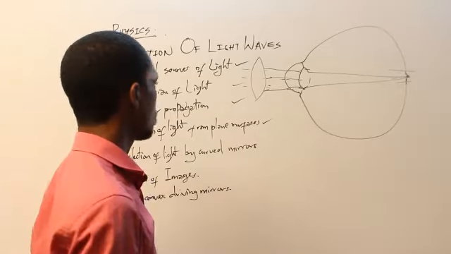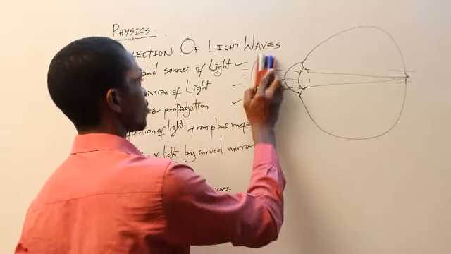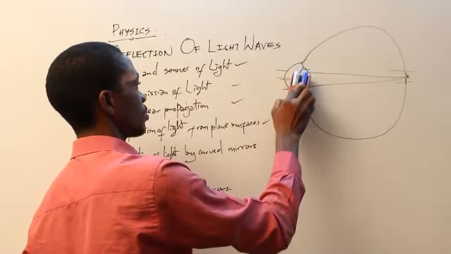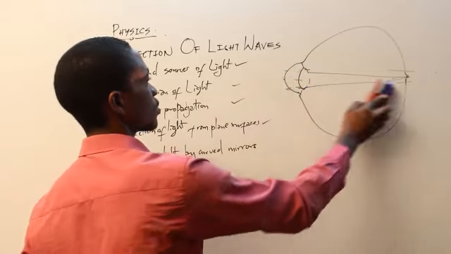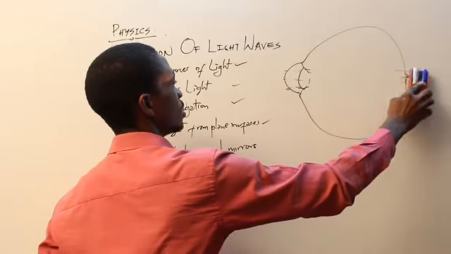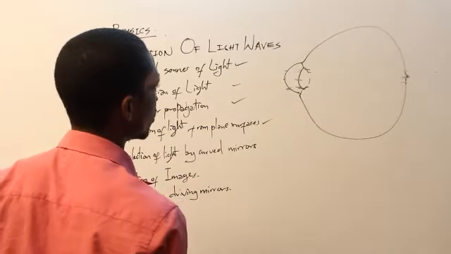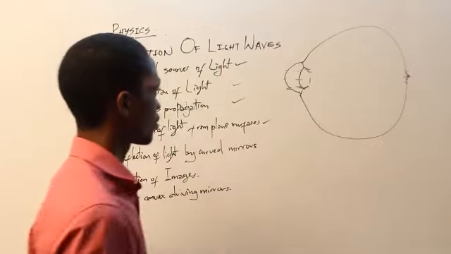While in the case of those who are far-sighted, the image is created before the blind spots.